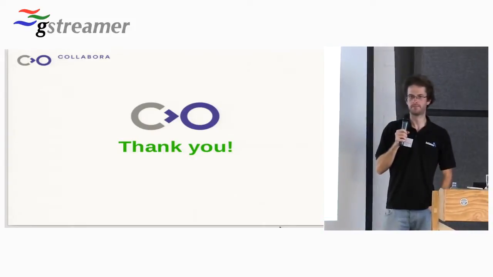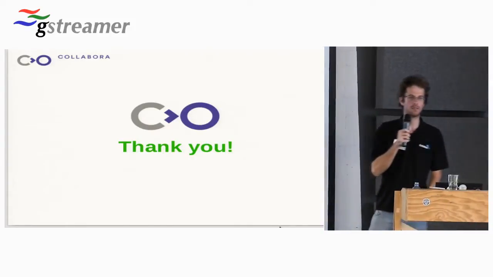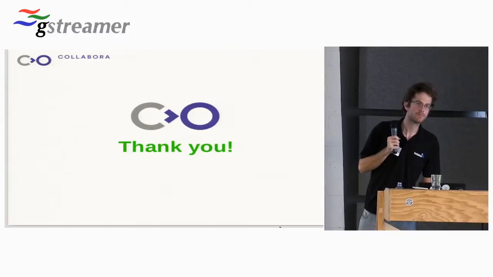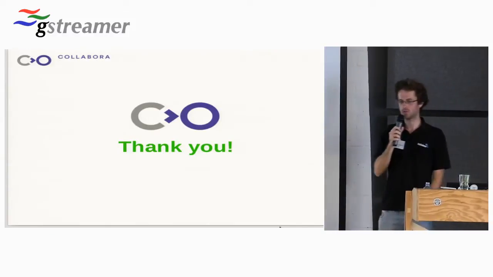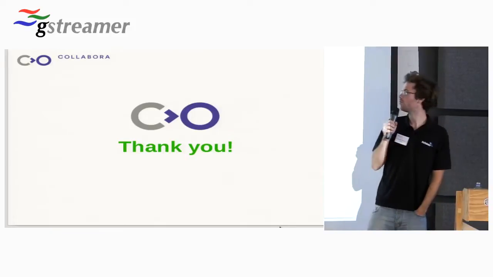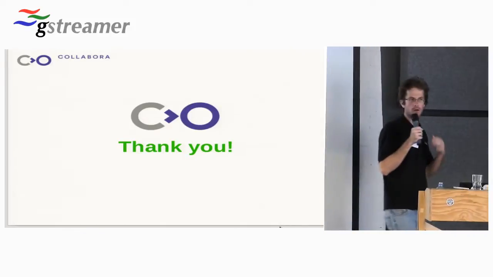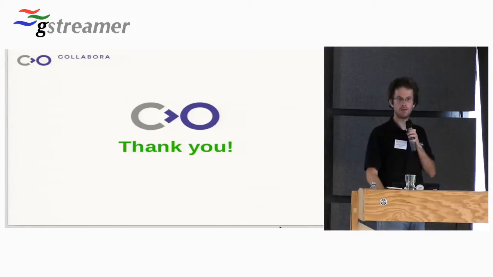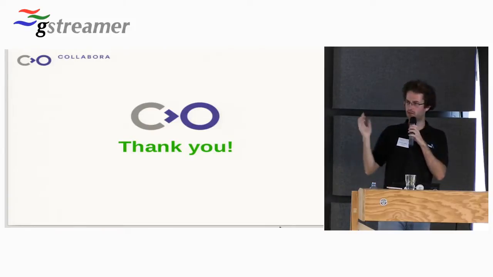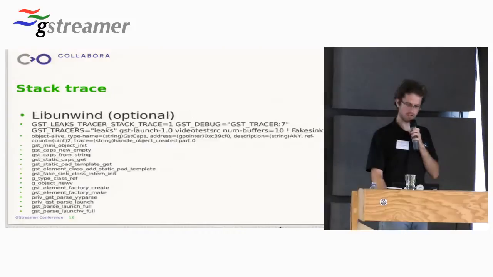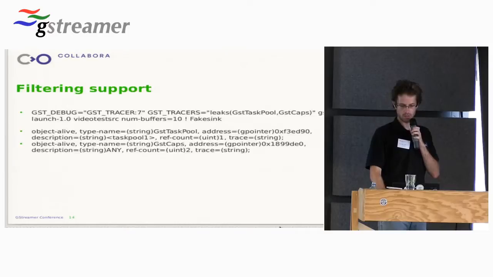Good question. Yes? What is the criteria that you use to filter out all the false positives? So the question is, which criteria do I use to filter out the false positives? So I don't use any myself. I don't use any heuristic at all. So it's the responsibility of the developer, who is introducing an object which is going to be leaked, to use this flag.